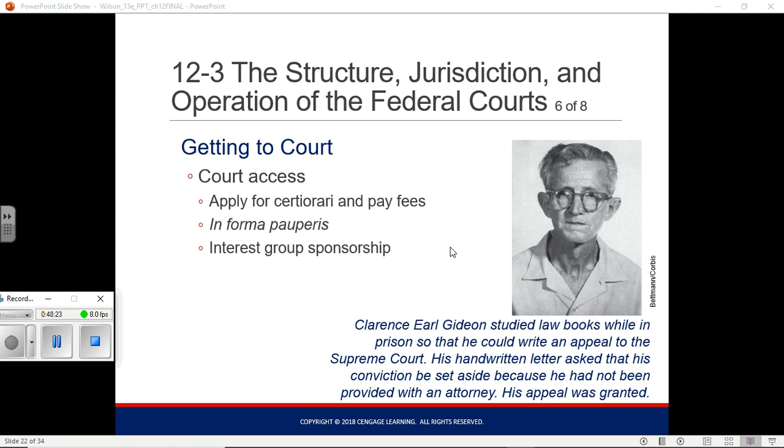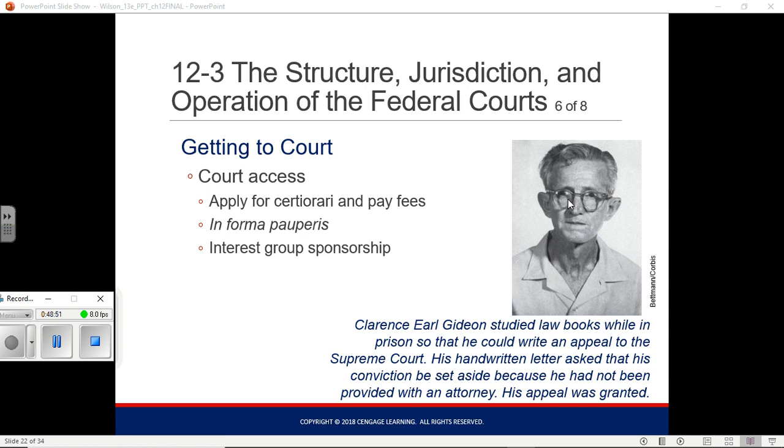Gideon versus Wainwright, the guy who famously applied for his writ. He used paper from the library in the prison he was in. He basically pointed out he had not been provided a lawyer. Gideon was the start of your Miranda rights.